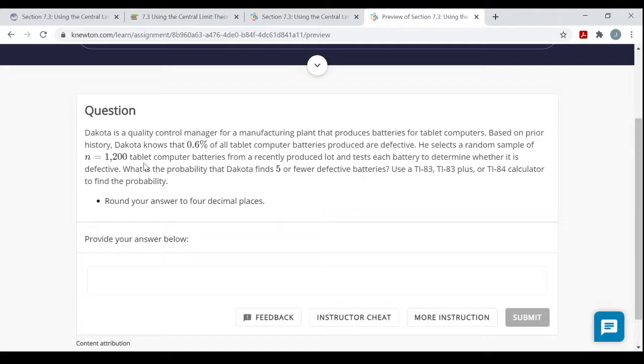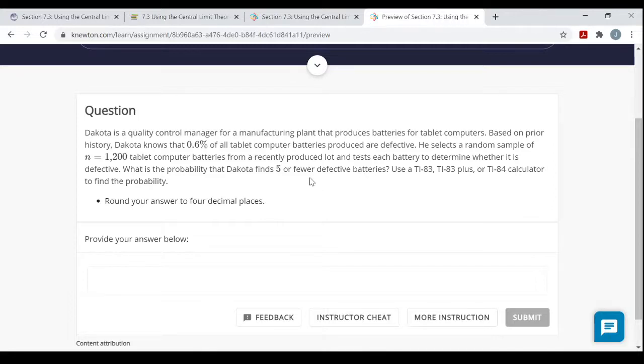So he selects a random sample of 1,200 tablet computer batteries from a recently produced lot and tests each battery to determine whether it is defective. This time the value of P is 0.6%, or 0.006, and N is 1,200. What is the probability that Dakota finds 5 or fewer defective batteries?